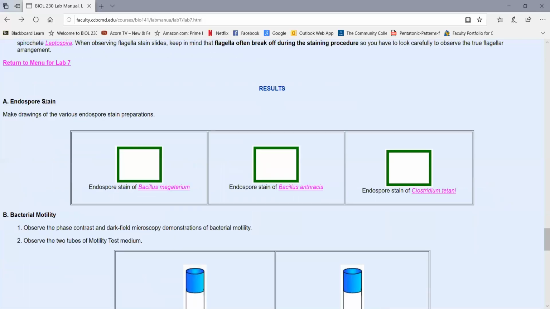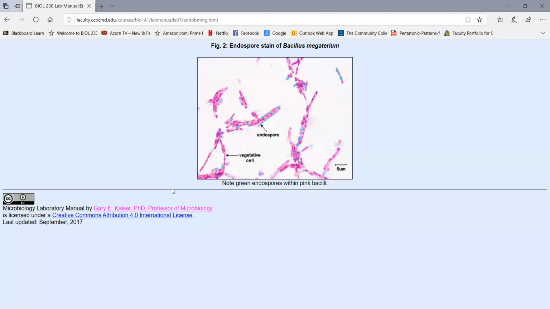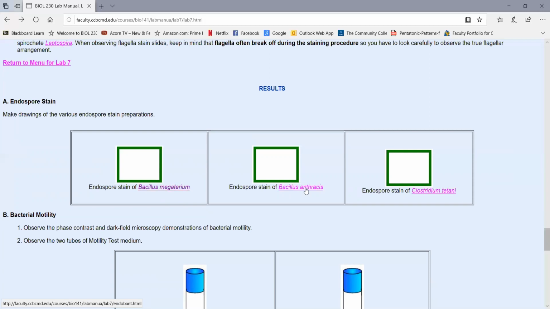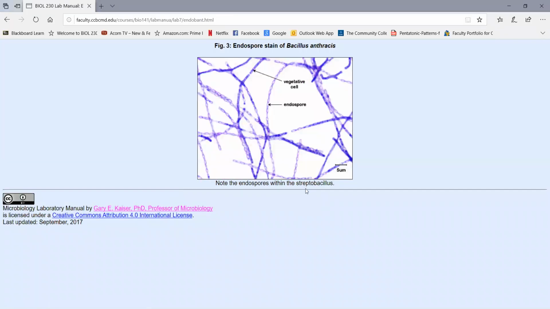So for part A, the endospore stain, that's all demonstration. We have 3 slides we're looking at. Bacillus megaterium, done with a staining technique where the vegetative cell appears red and the endospores appear green. We have an endospore stain of Bacillus anthracis that causes anthrax, another streptobacillus.